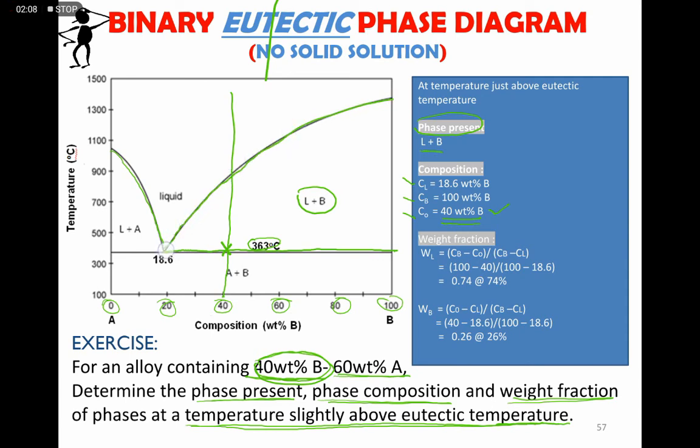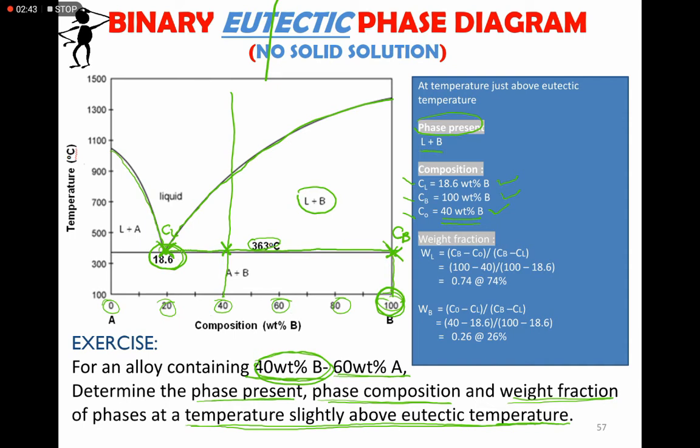Now this is your Cl, and your right side is Cb. Just take this value, 18.6 for Cl. So your answer is 18.6 weight percent B for Cl, and 100 weight percent B for your Cb.